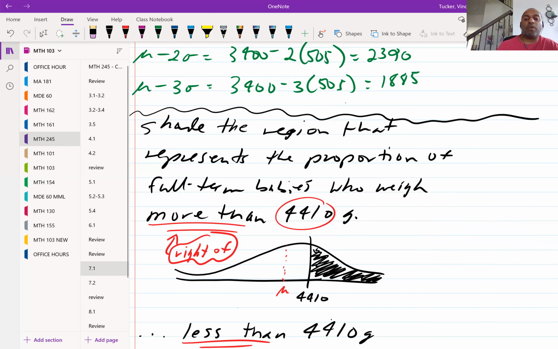So in this case, they say more than 4410. They will give you probably about 4 graphs to choose from, and this would be the graph that you will be looking for. 4410 is shading to the right because it says more than.